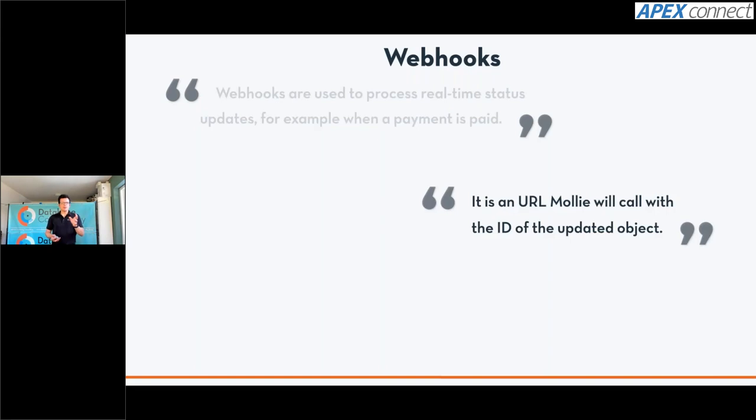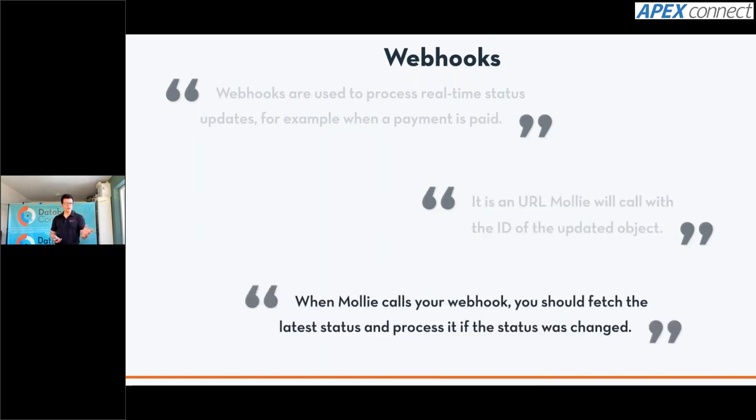It's a URL Mollie will call with the ID of the updated object. And when Mollie calls your webhook, you should fetch the latest status information of this order and process it if it was changed. So that is pretty much what we need to do.